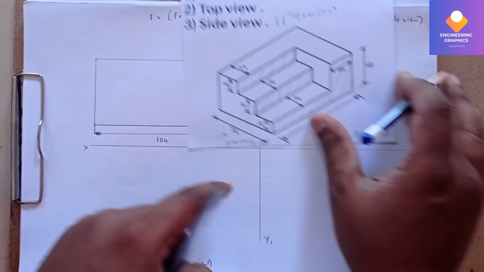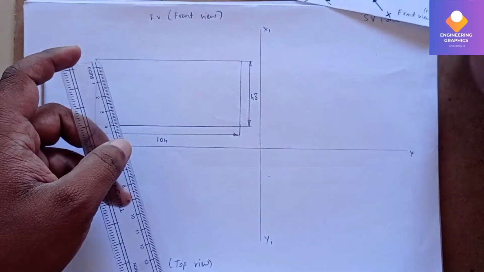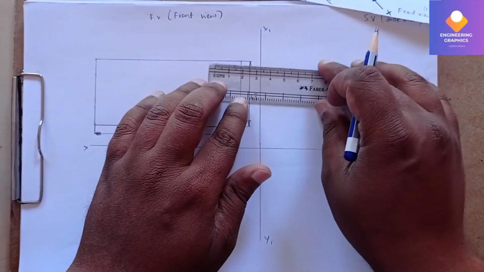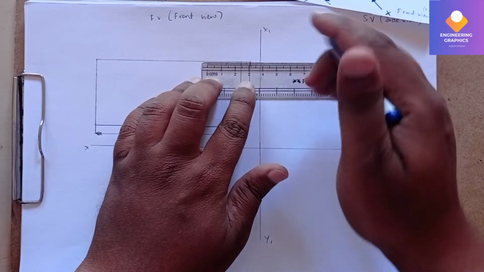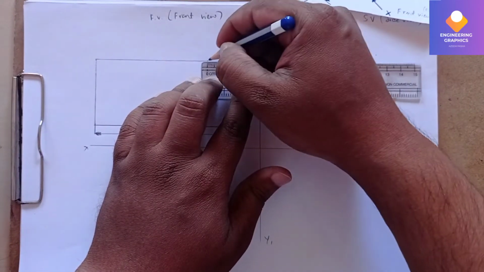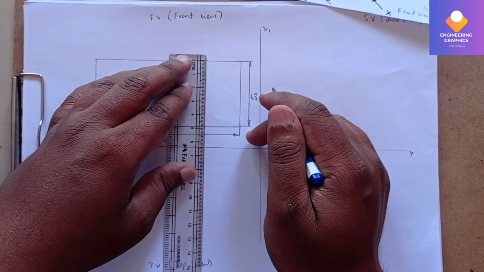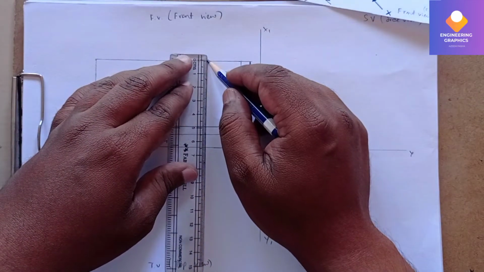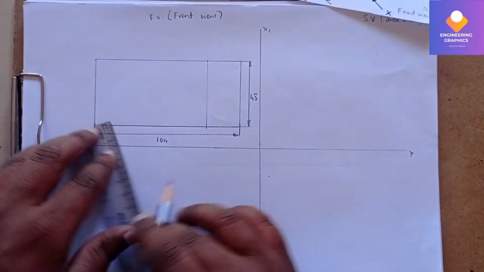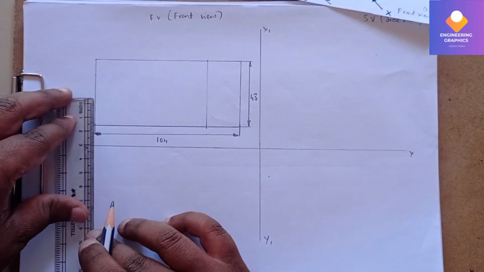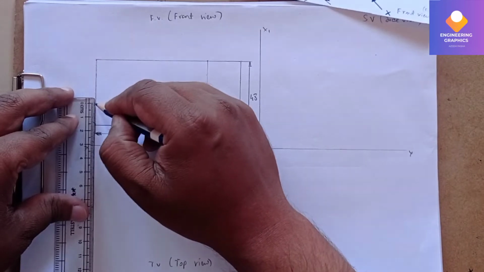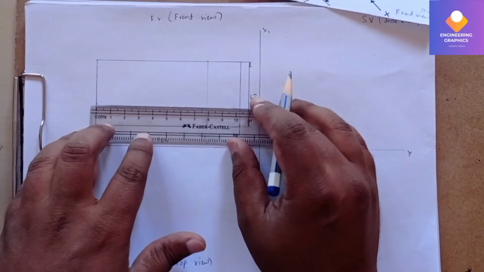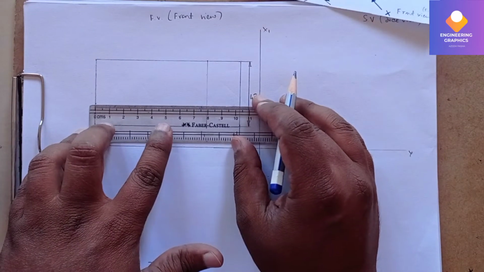First I will mark 24 mm and then draw a line vertically downward, just a straight line. Then from this end we should cut it at a height of 16, so here I will draw one line horizontally.